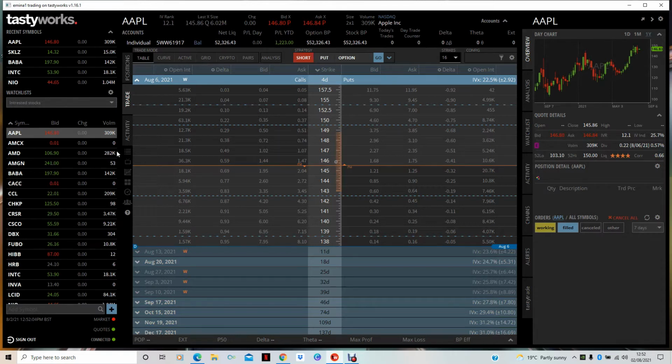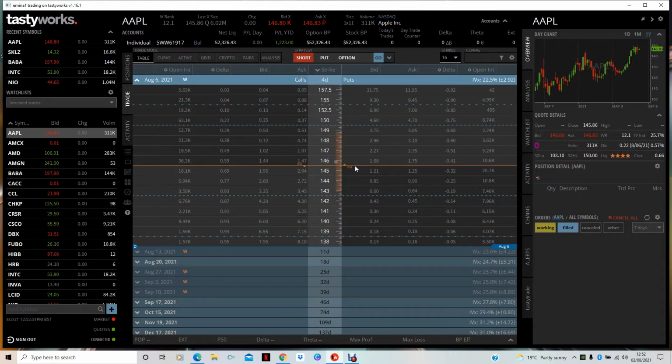This browny orange line goes right through and depicts this price, $145.86. So that line is the price of Apple. If I want to buy Apple, I can buy Apple, but I could turn around and say, I want to buy Apple at $140.